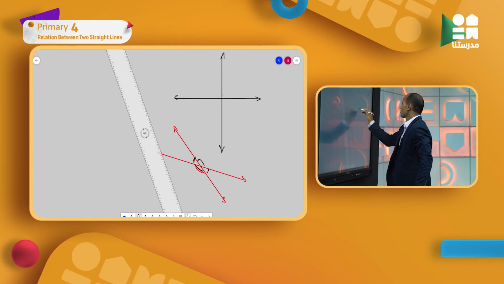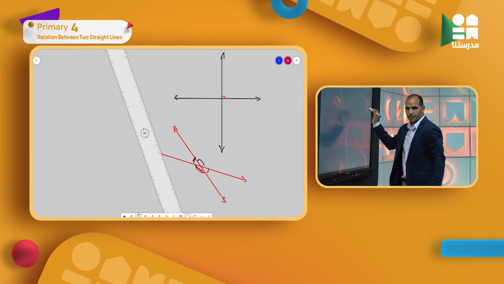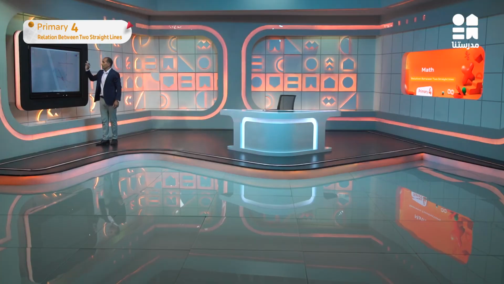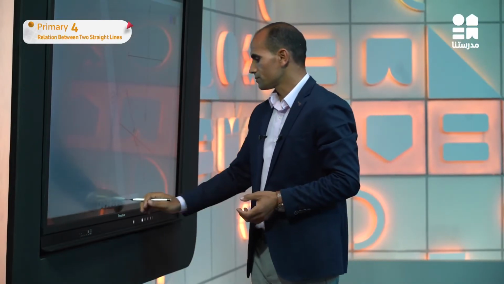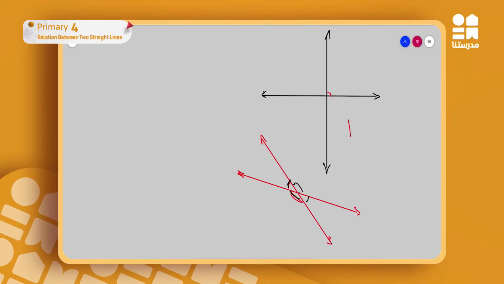If the angle between the two straight lines is a right angle, then the two straight lines are called perpendicular. How can we write perpendicular? Perpendicular. So this is the relation between the two straight lines here.